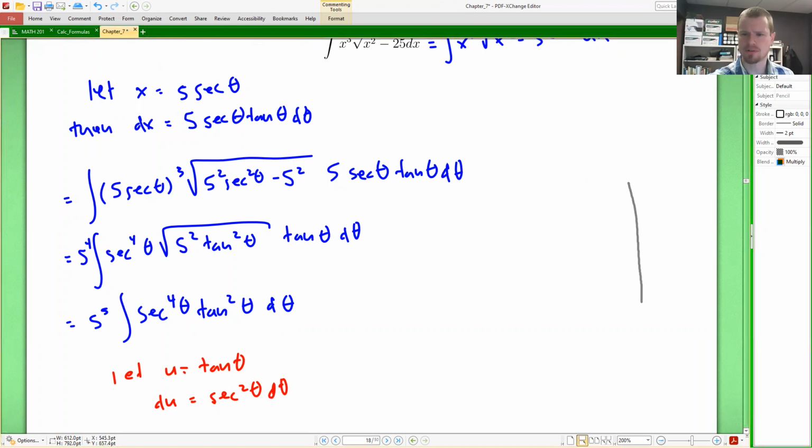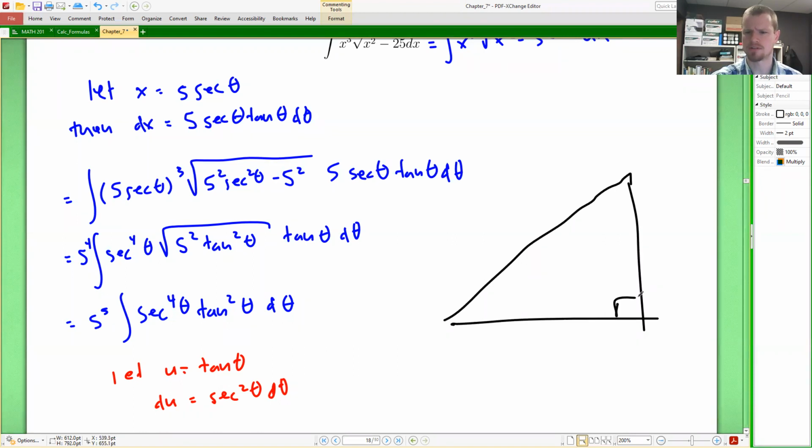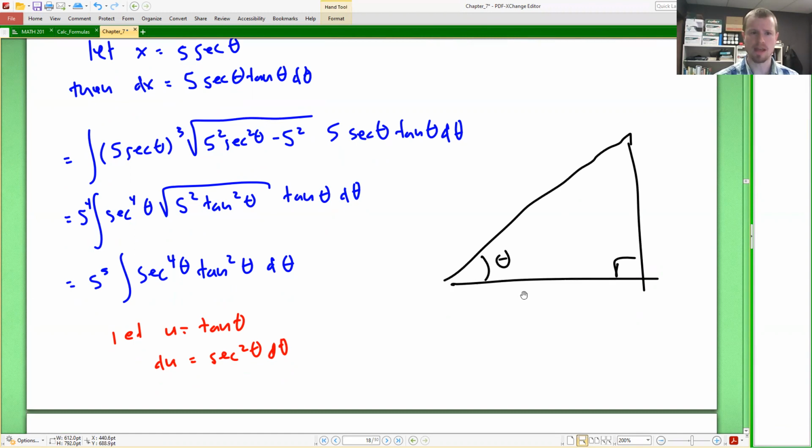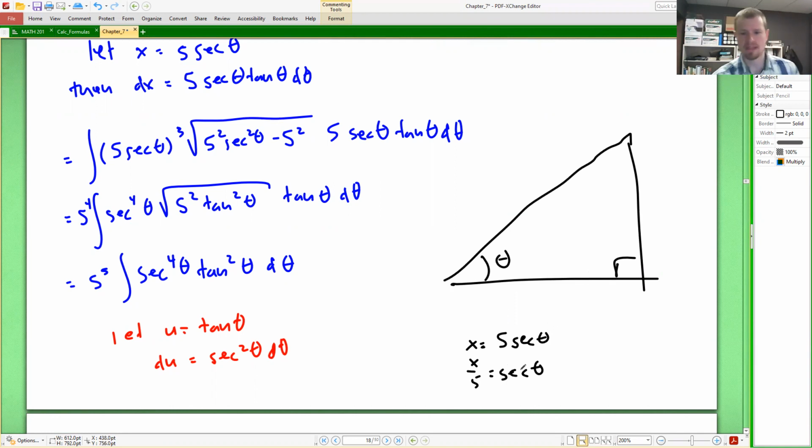So we draw our triangle to help us out again. Right triangle, here's theta, and we know that we have x is equal to 5 secant theta, which means that x divided by 5 is equal to secant theta. And we have to remember that secant theta is 1 over cosine.